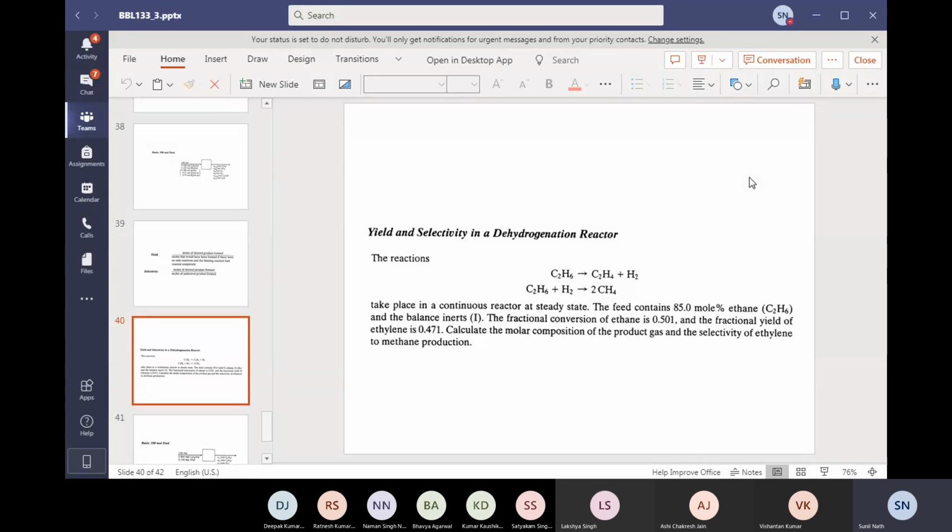Now what you have to find is the fractional conversion of ethane. First question: what is f, small f. Second, find the yield of ethylene based on feed.